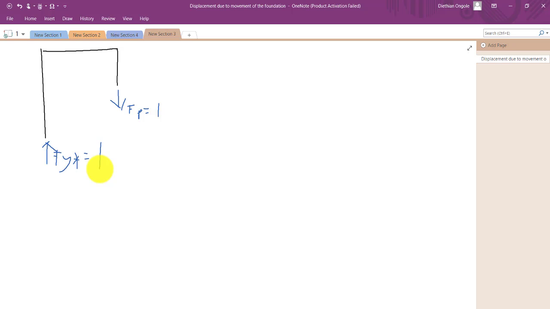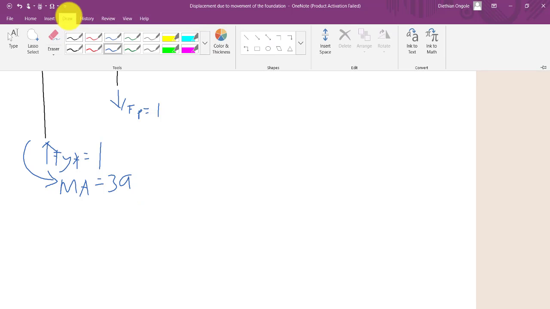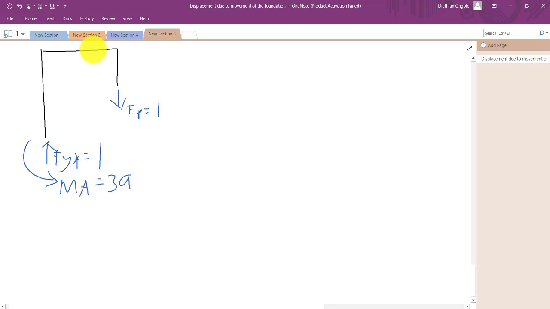Then we come and take our moments at point A, and then we discover that we shall be having a moment that is equivalent to 3A. For the x, we won't have it since there is no force in the x direction. So after doing that, we come and find our displacement delta y.